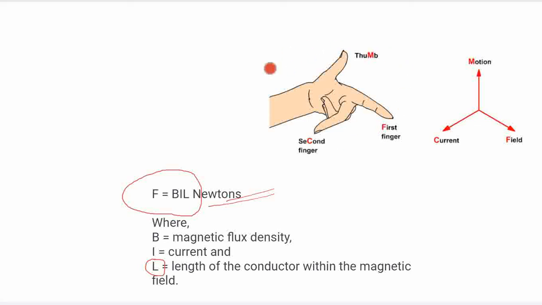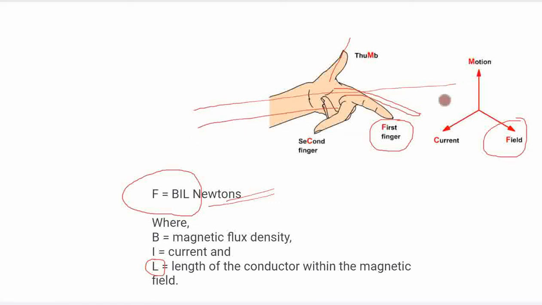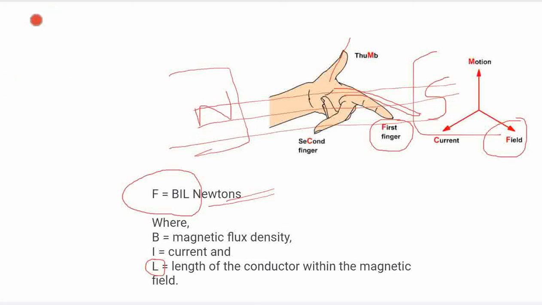This is the left hand rule. The thumb shows the motion of the coil. The forefinger, the first finger, shows the field direction. This is the north and this is the south pole. This is the coil rotation direction.